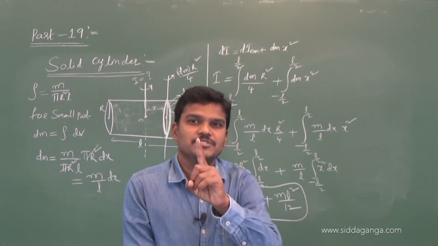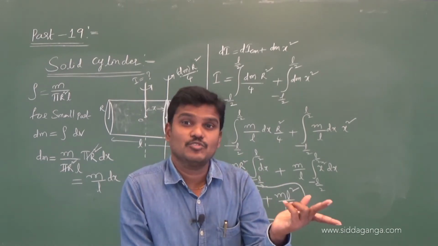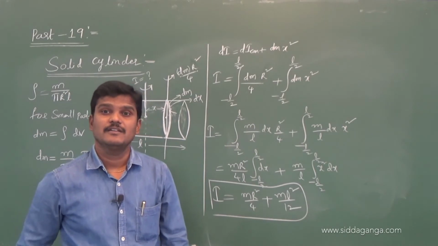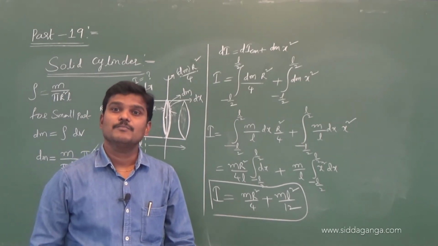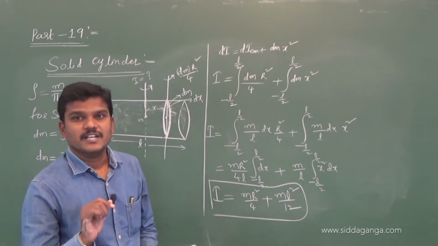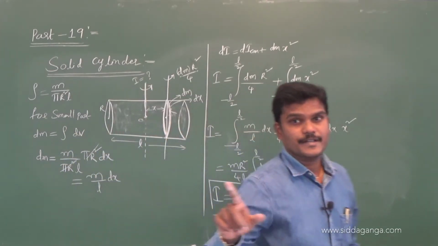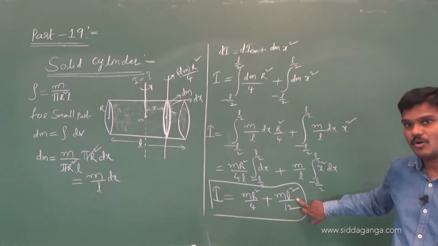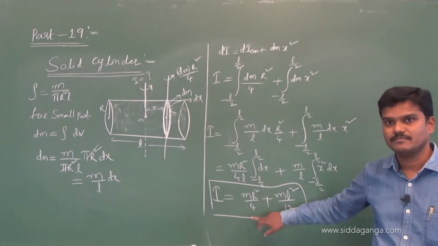So divide this object into two objects. What are the names of the two objects? One is a uniform rod of length L passing through the center perpendicular to the length. The other one is a circular disc about a diameter. So this is a rod, this is a circular disc.